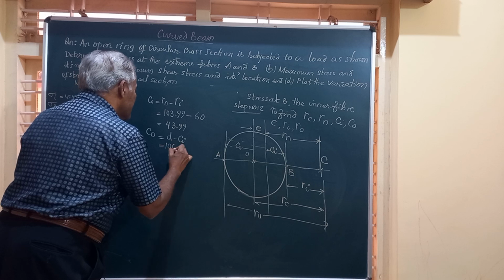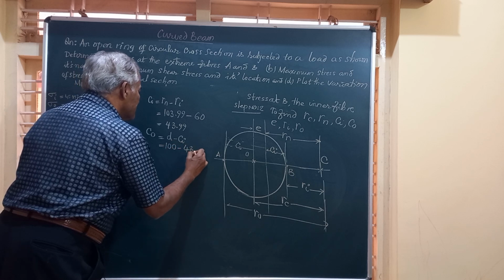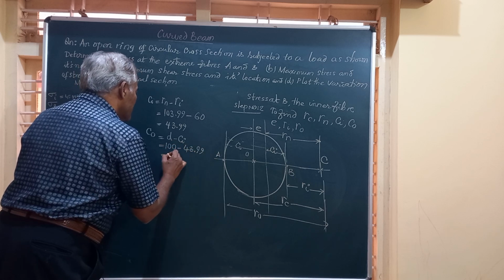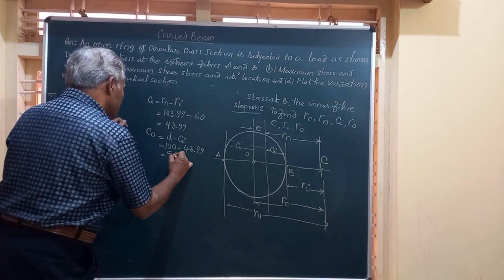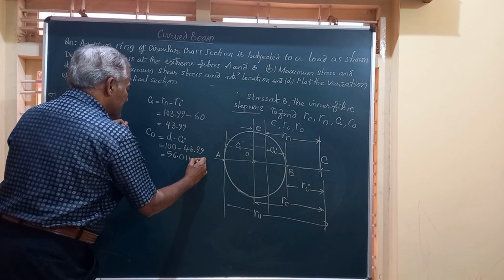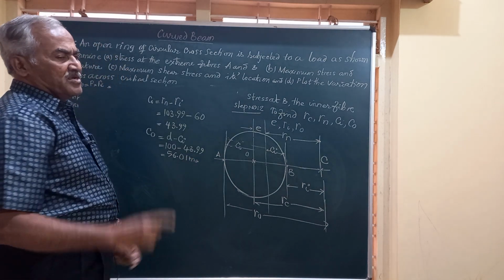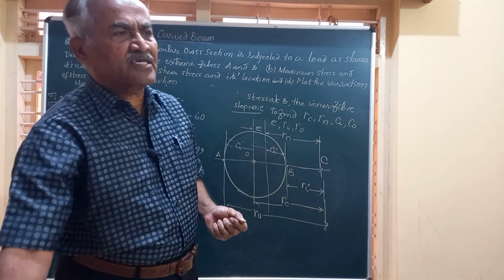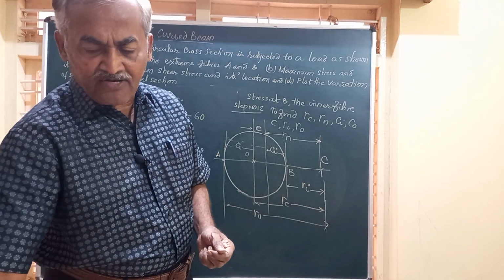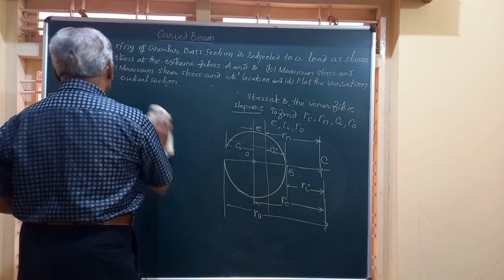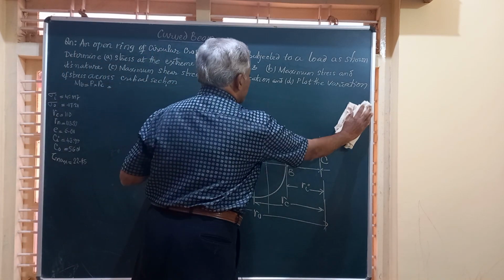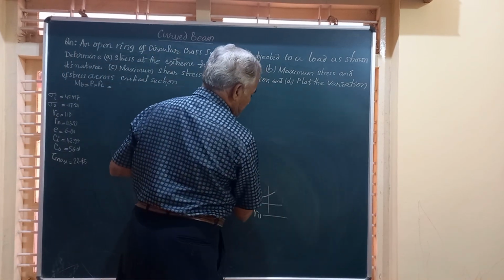Small d is 100, Ci is 43.99, so this will be 56.01 millimeter. Friends, this second step is a crucial step and you have to calculate all these very accurately. Then only you will get the correct solution.